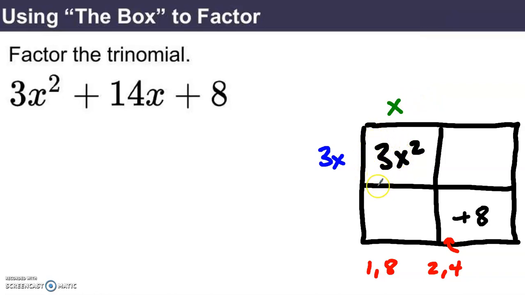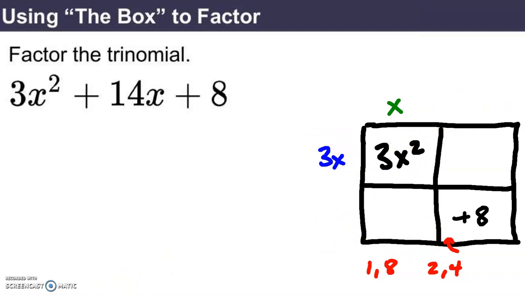So what I need to think about now, and it does involve a little bit of trial and error, is which of these pairs do I need to use, knowing that one of the numbers goes in the very top right, and one of the other numbers goes in the very bottom left, remembering that whatever I put here is going to have to be multiplied by 3, and I'm looking for a way to add and get 8.